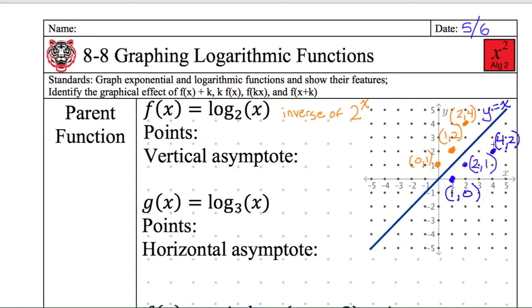And you can see that if my old function used to look like this, where I had a horizontal asymptote and it went up and up forever, now I'm going to have a vertical asymptote where my function goes like this. Like a red one.